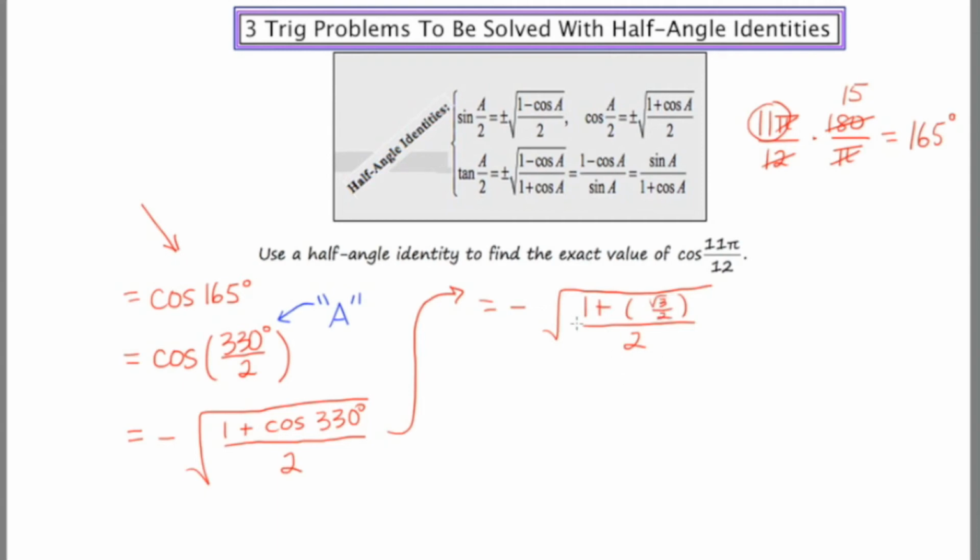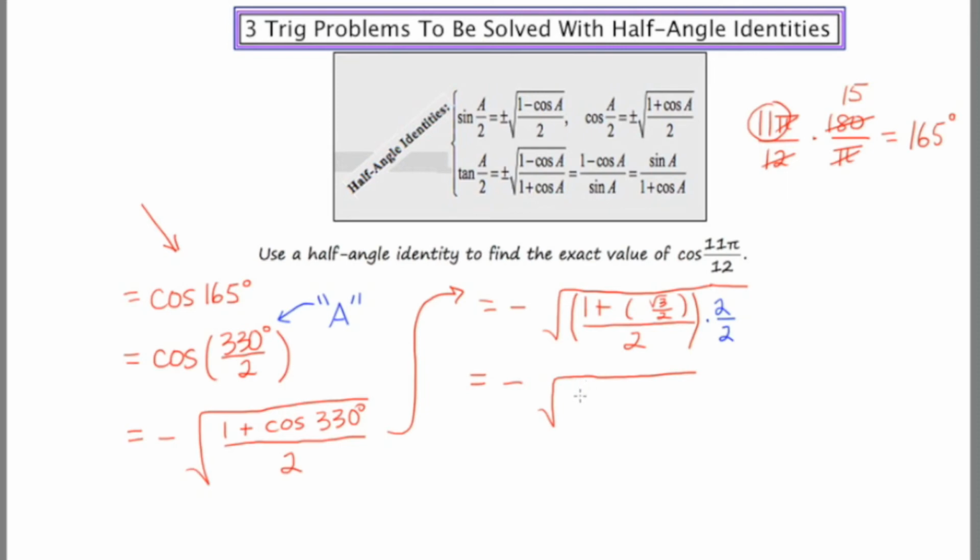Like problem number 1, I've got a situation where I have a complex fraction under the radical. Don't be alarmed, though. We can fix this real easily by multiplying by a useful form of 1, again, 2 over 2. It's important that I keep all of this under the radical, so I'm going to go ahead and extend the radical, just making it a little bit longer. Okay, the negative is going to come down. I'm going to make another big radical here, and I'm going to distribute the 2 through on the top and the bottom.